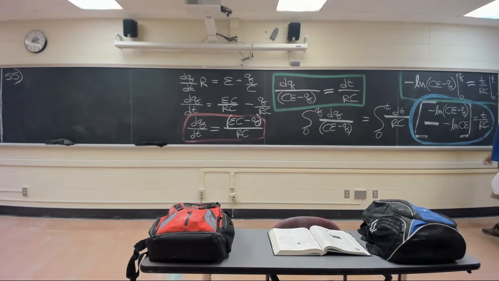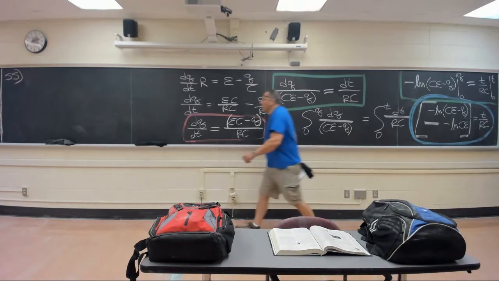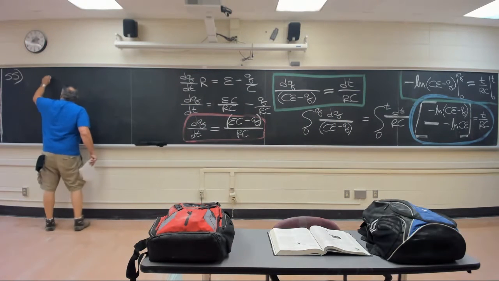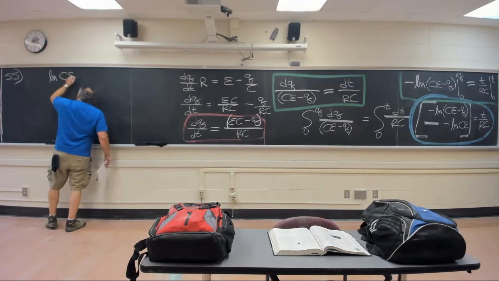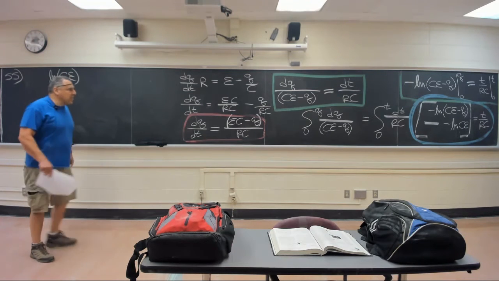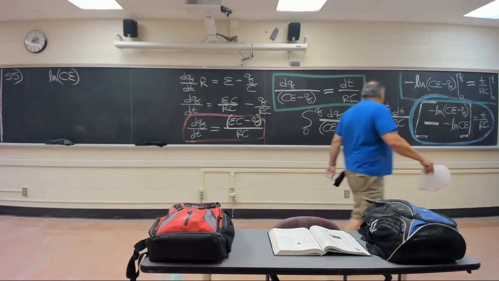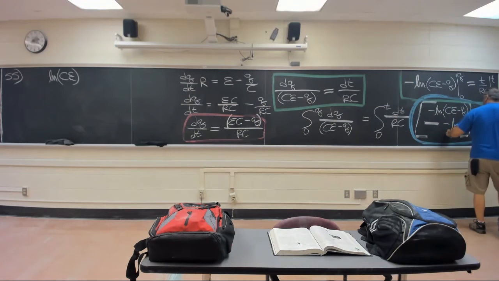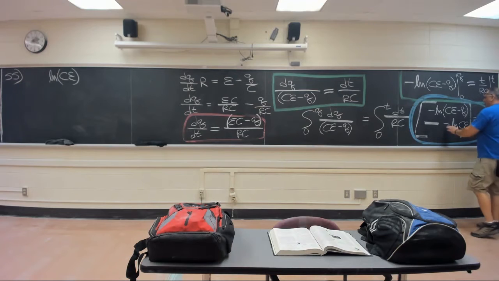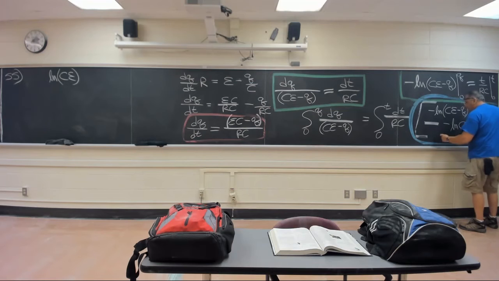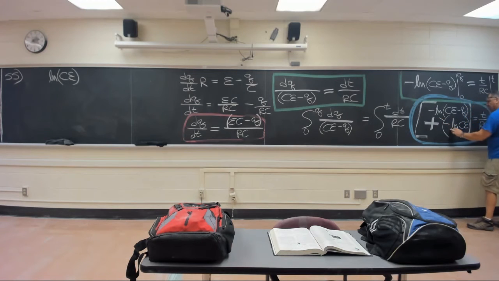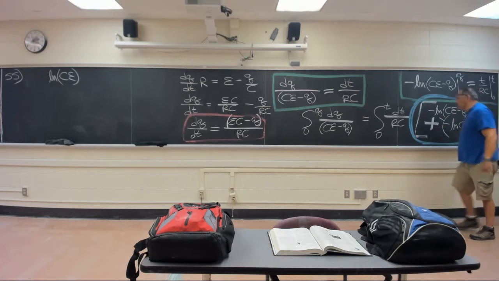What do we got? Minus a minus is plus. You got ln c epsilon. I keep calling it e. Let's call it e. What the heck? A positive ln ce, but this negative, you're adding. It's all addition. Minus this is plus the opposite of this. So that's a positive and a negative. It's like subtraction.